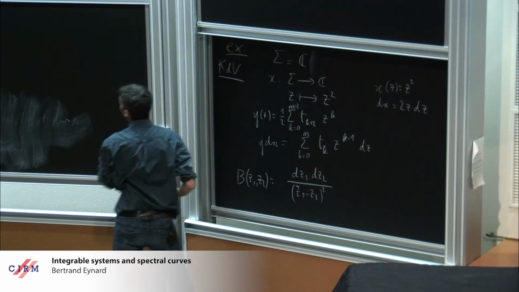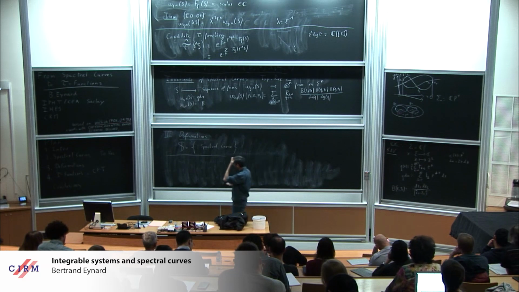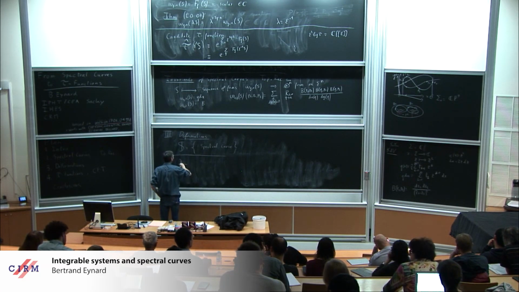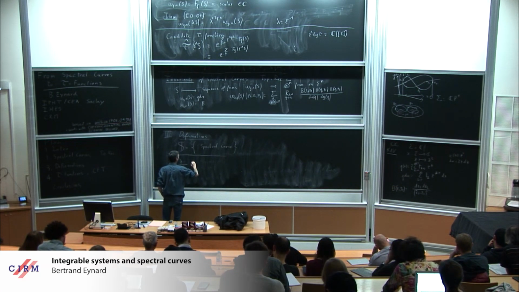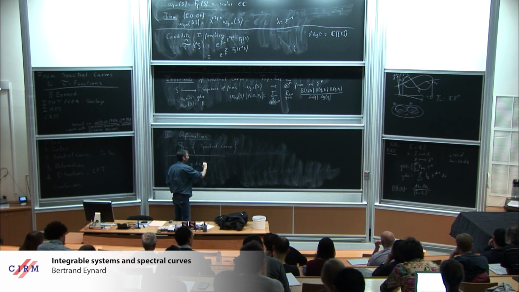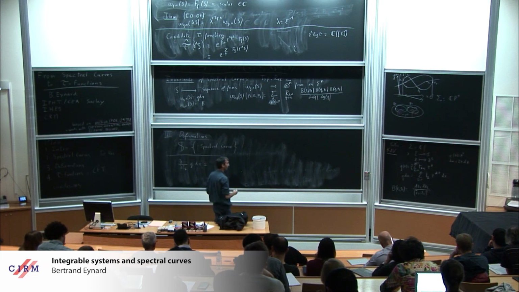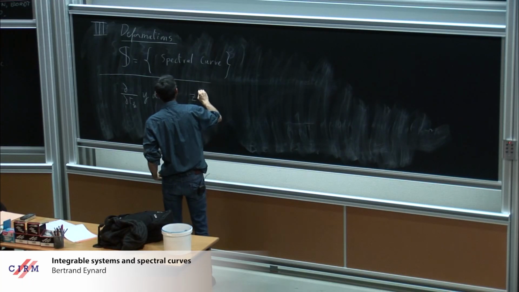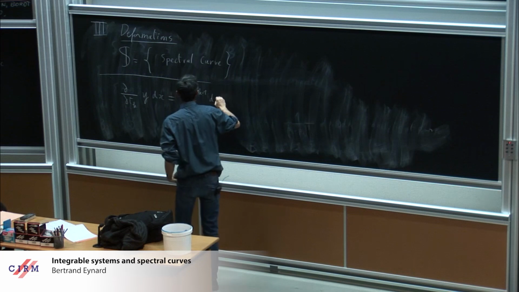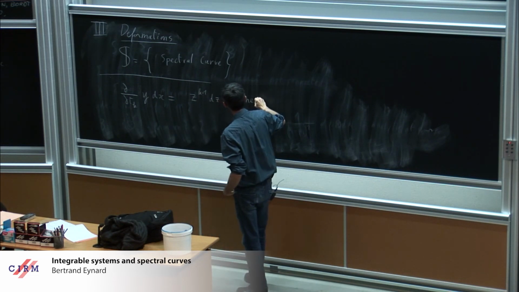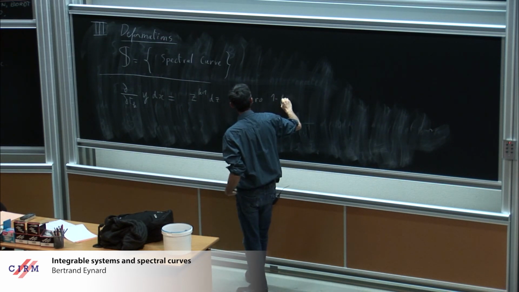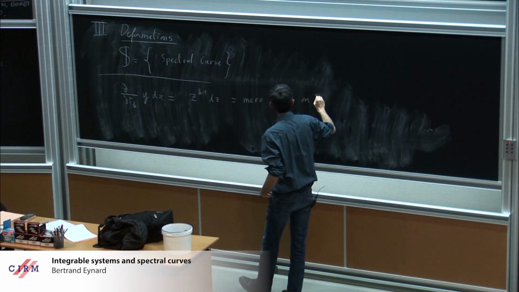Okay, and in this example, you see that, for instance, if you compute d over dt_k of y dx, you see that it will be a one-form. It will be just the one-form z^(k-1) dz, which is a meromorphic one-form on sigma.